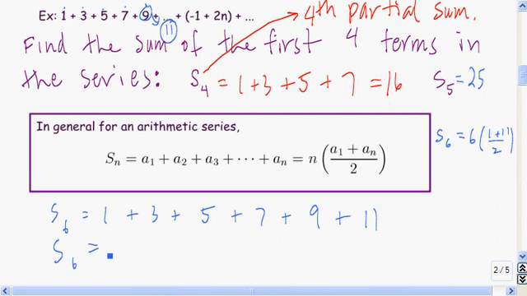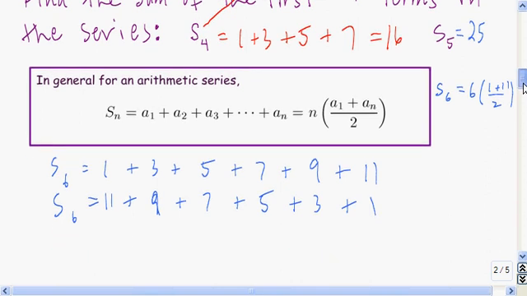So 11 plus 9 plus 7 plus 5 plus 3 plus 1. Alright, and so then the next idea in the proof is to add both sides of each. If I add the left side of the equal sign, I get S6 plus S6. Well, that's just 2 times S sub 6.